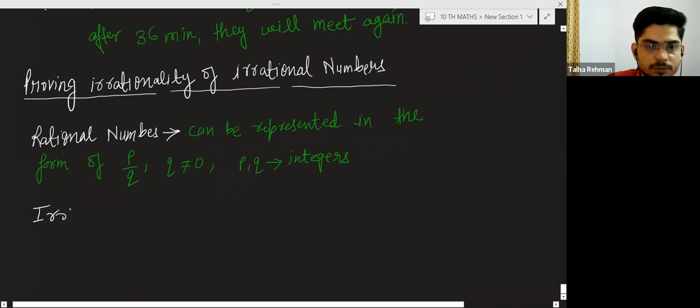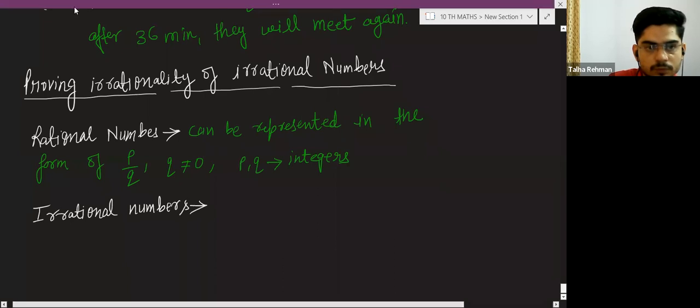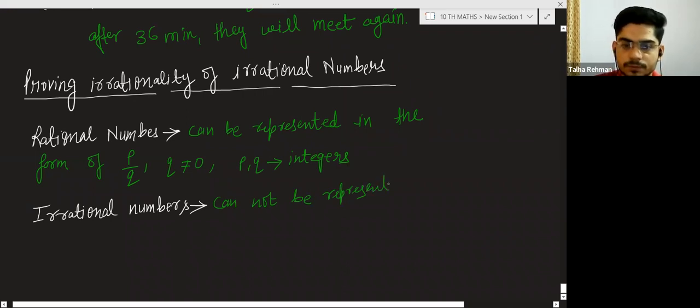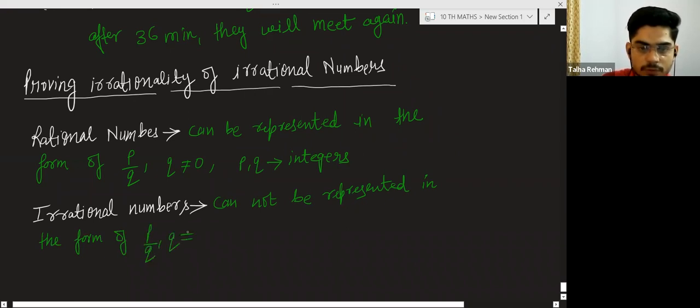Irrational numbers cannot be represented in the form of p upon q, where q is not equal to 0 and p and q are integers.